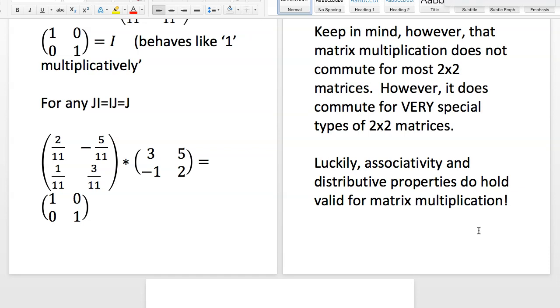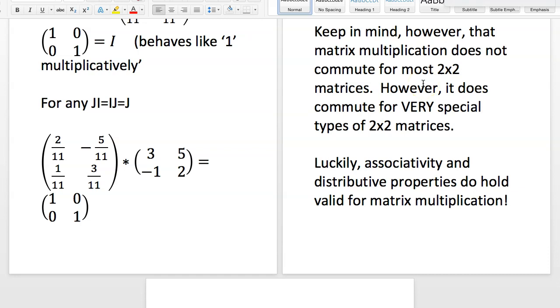When it comes to matrix multiplication and stuff like that, yeah, we are very lucky indeed. You wouldn't think we would have associativity and distributivity, but we do. We get away with those, but we don't usually keep commutativity.